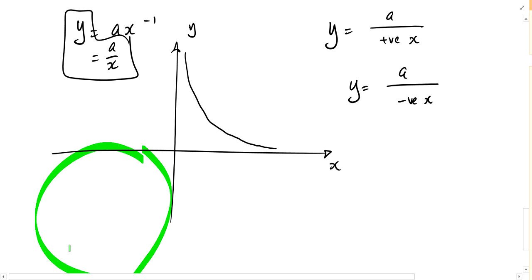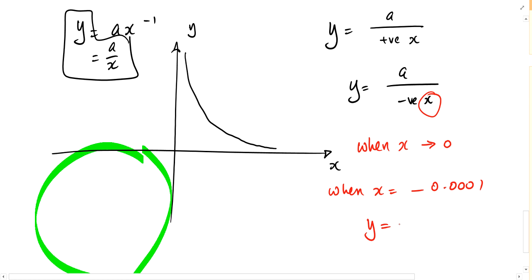Let's talk about when x is negative and when x tends to 0. When you take a divided by a number that is close to 0, what happens to the value? So use your calculator, try. When x equals, for example, negative 0.0001, then y equals a, which is just a positive number. You can just let it be equal to 1. 1 over negative 0.0001.